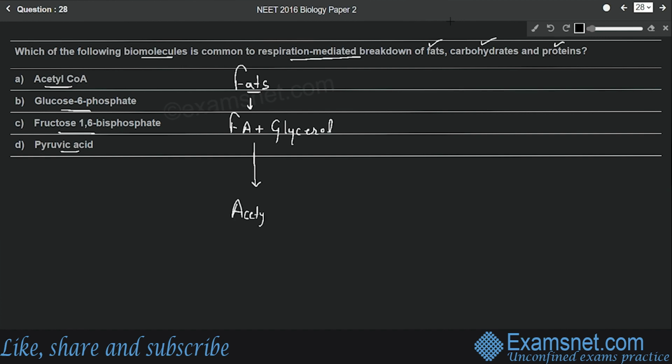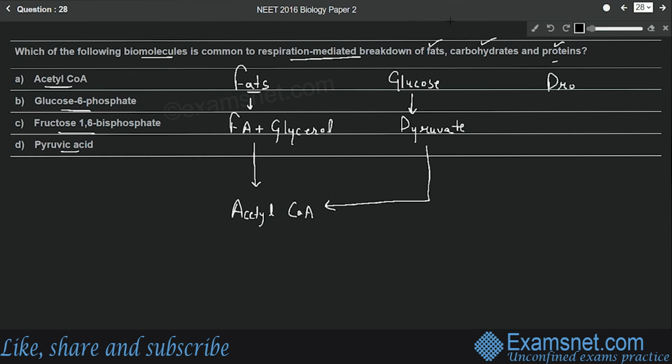Now let's talk about the breakdown of carbohydrates, for example glucose. We know that during glycolysis, glucose is converted into pyruvate, and then this pyruvate is converted into acetyl coenzyme A. Then the next one is proteins, right?